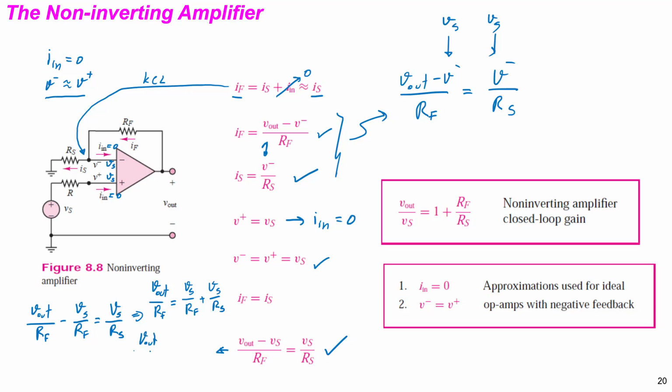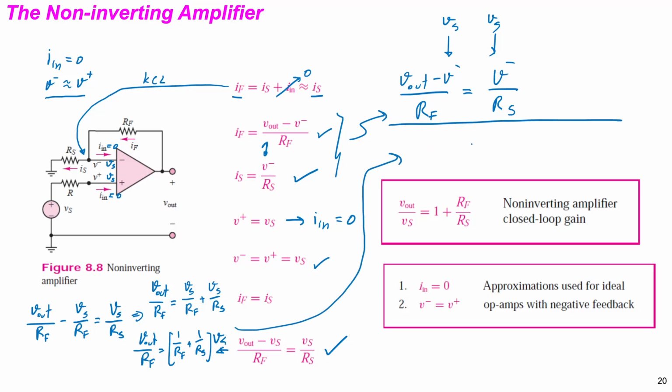Then V out by RF equal to 1 by RF plus 1 by RS, into Vs. Adding these together, V out by RF equal to RS plus RF by RS times RF, and then into Vs, right?